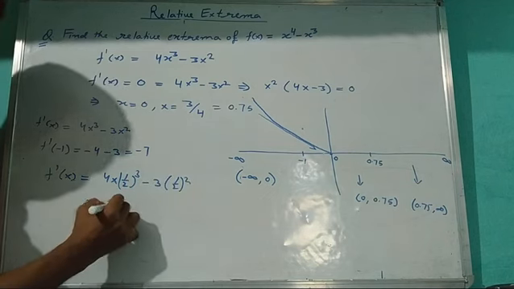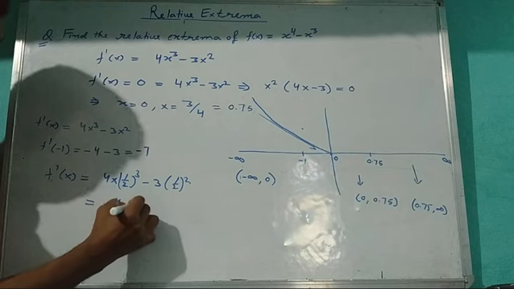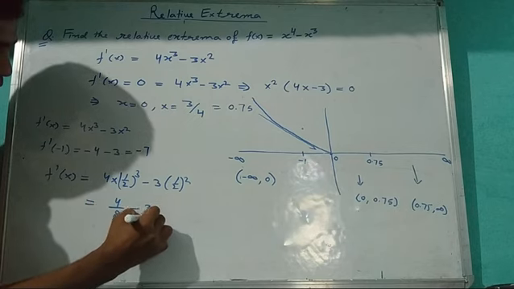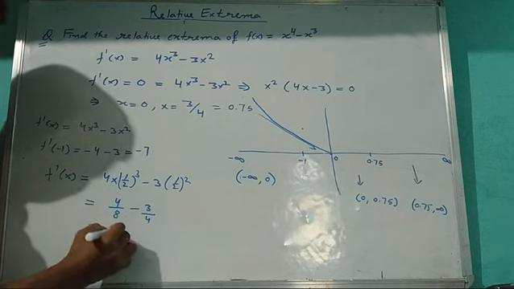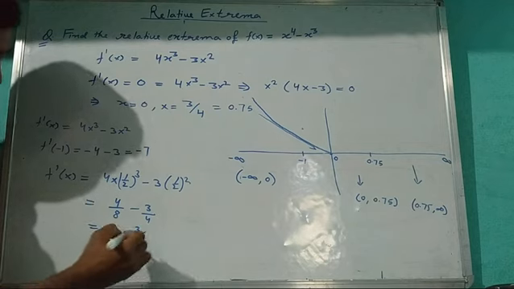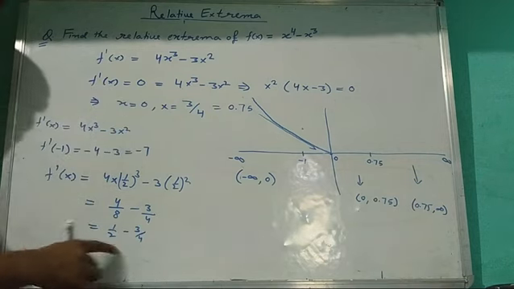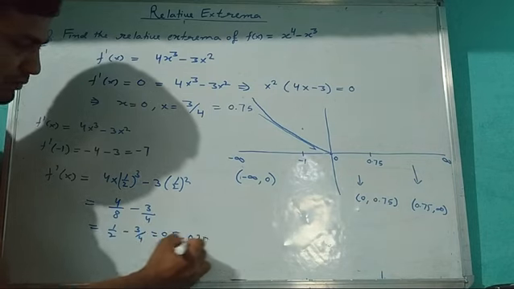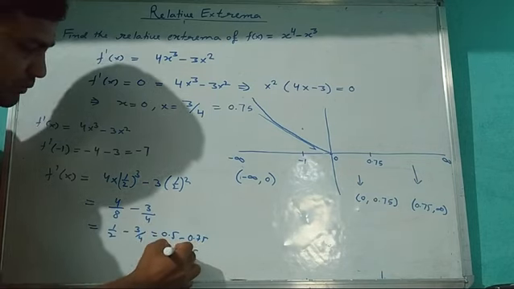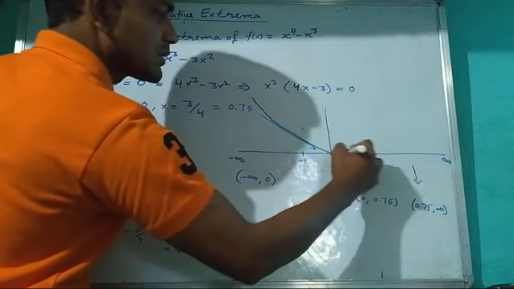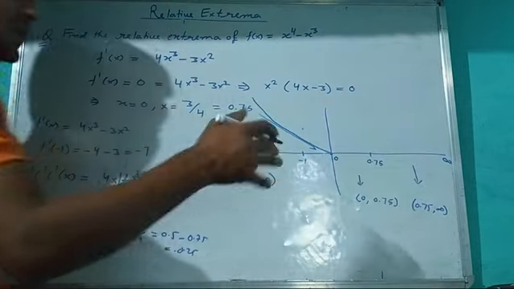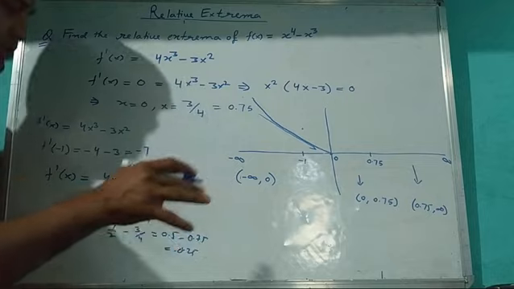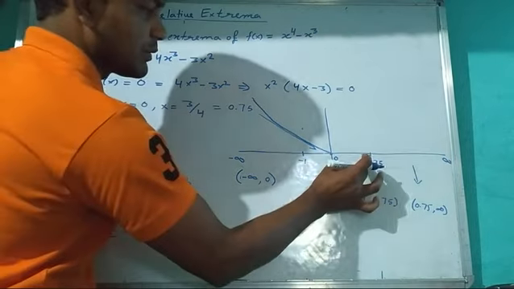It is equal to 4 upon 8 minus 3 upon 4, which is 1 upon 2 minus 3 upon 4, that is 0.5 minus 0.75, equal to minus 0.25. Again, in this interval the slope of the function is negative.